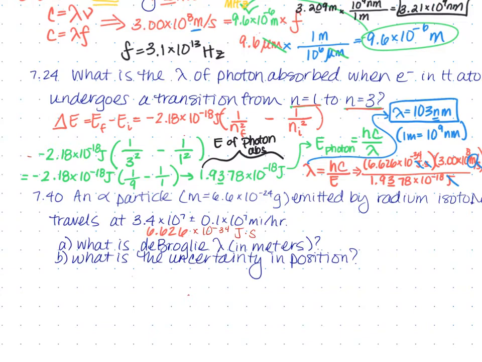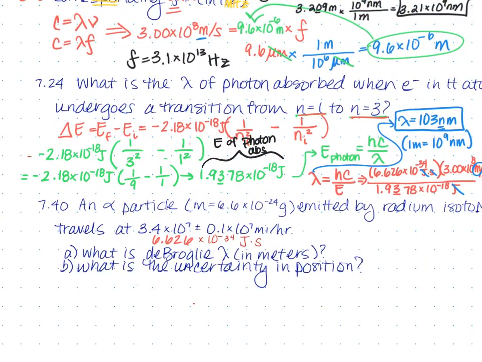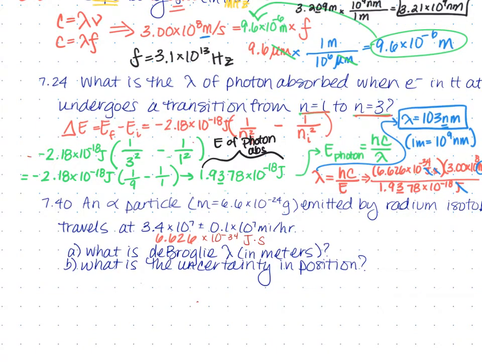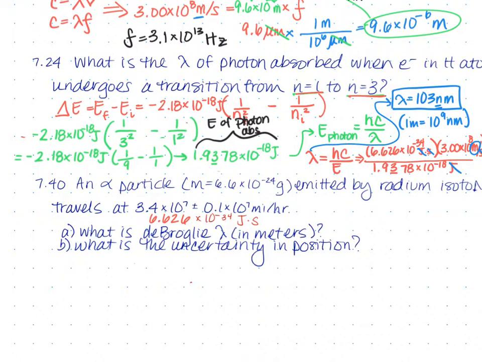Okay. Now let's go to 40. Now I neglected to tell you what I would rate each of these problems. The problem prior, number 14, I would still give a 1. It's a very simple problem.